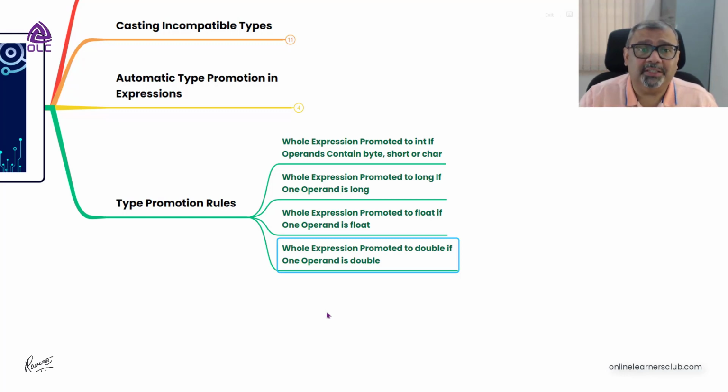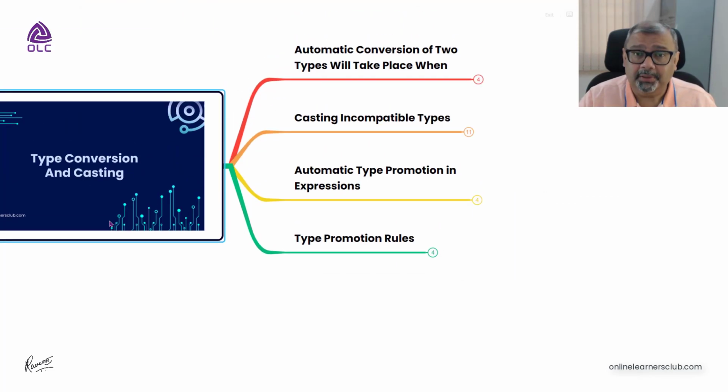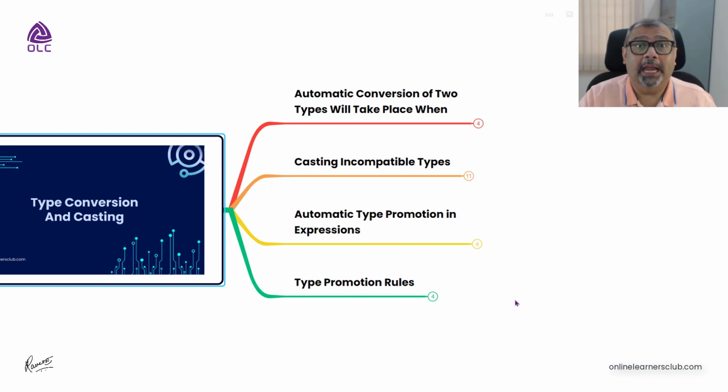So this completes this chapter on type conversion and casting. It's a very important concept. Next we have a hands-on, which is important and interesting for understanding the behavior, and sometimes you also get errors when you don't code it properly with the proper casting. We'll explore these things in the next hands-on exercise.